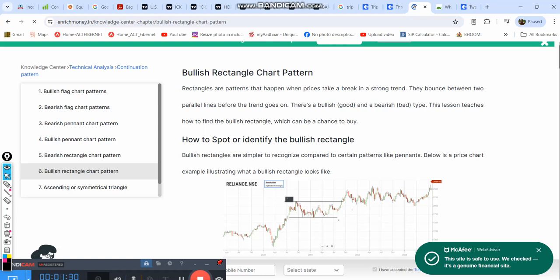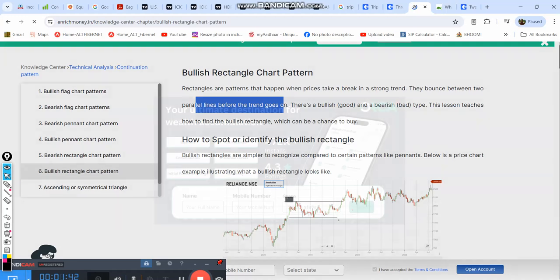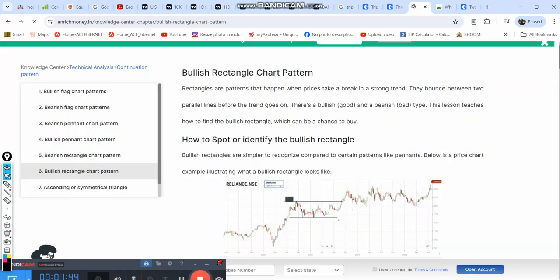So bearish rectangle, bullish rectangle patterns are patterns that happen when prices take a break in a strong trend. They bounce back and forth between two parallel lines before the trend goes on. So there is a bullish good type and a bearish bad type.